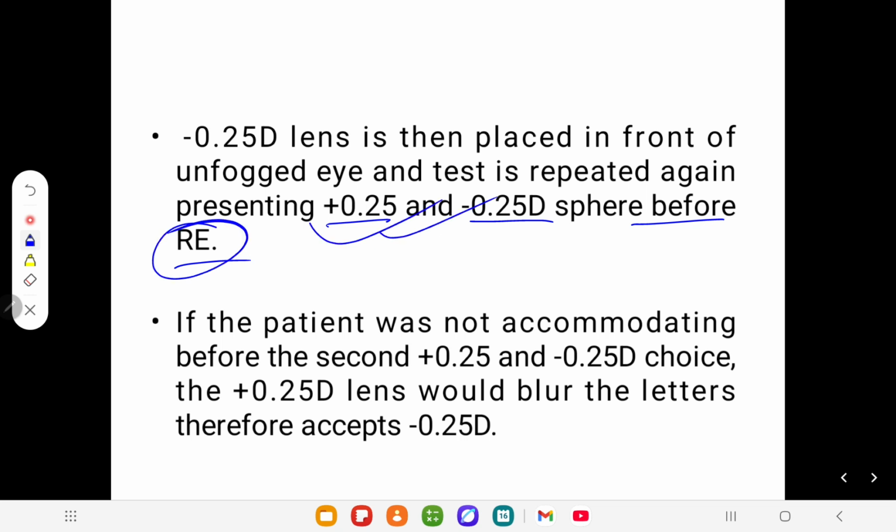If the patient accommodates before the second 0.25 choice, then 0.25 would be the lens of choice, therefore accept 0.5. Basically we try to enhance the vision, but at the same time we try not to over-accommodate the patient or push over minus.